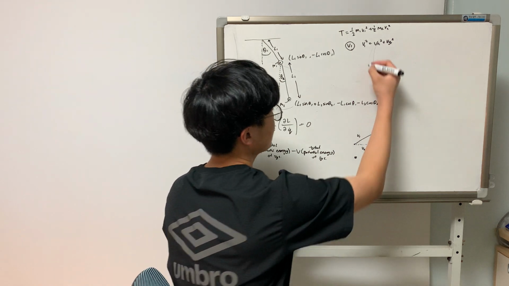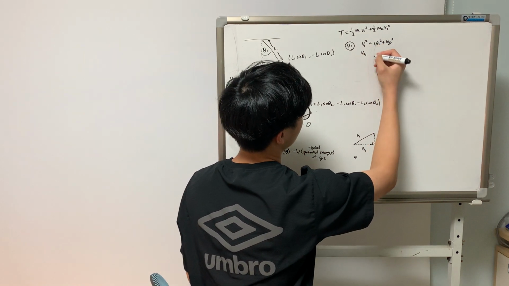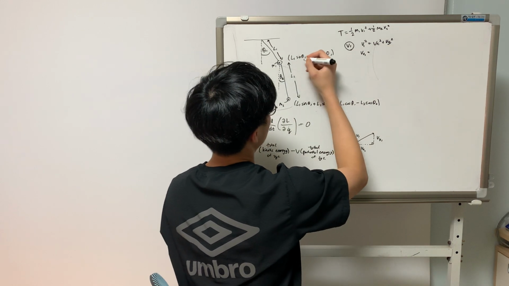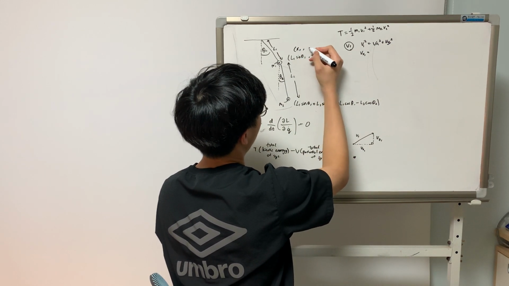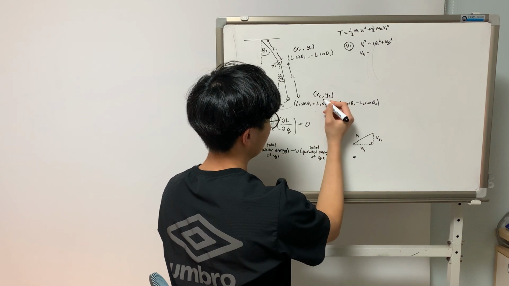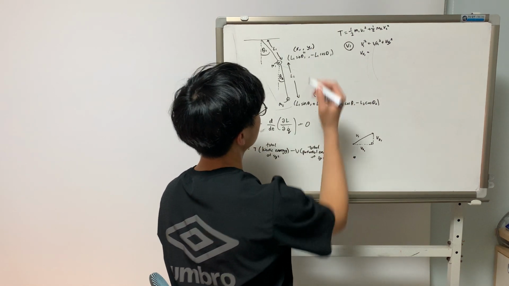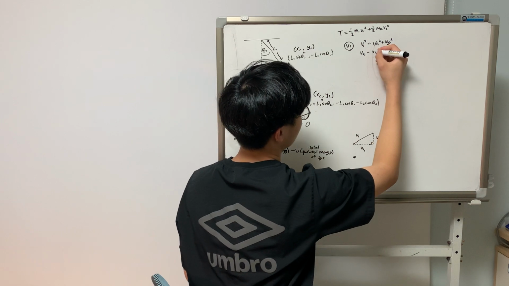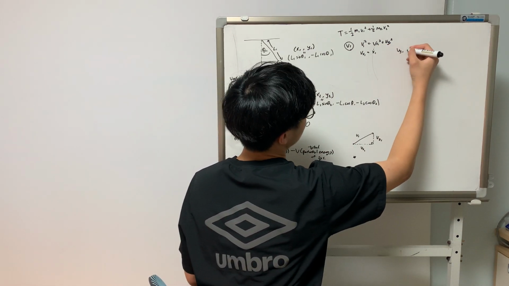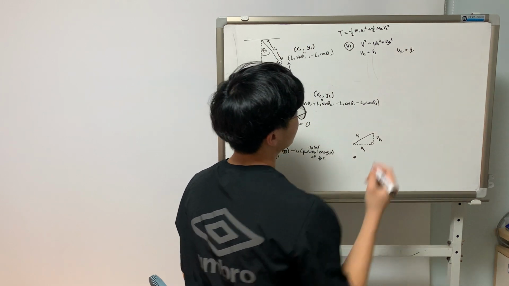So we could say that, with x1, y1 and x2, y2 being the coordinates of the balls, vx1 is basically the time derivative of x1. And for the same reason, vy1 is equal to the time derivative of y1.